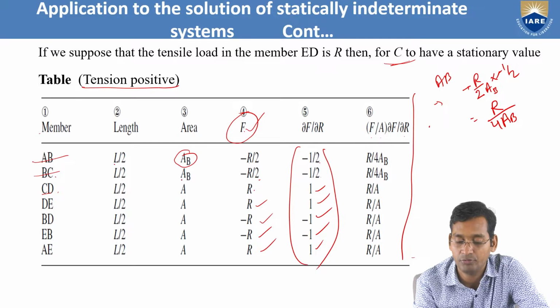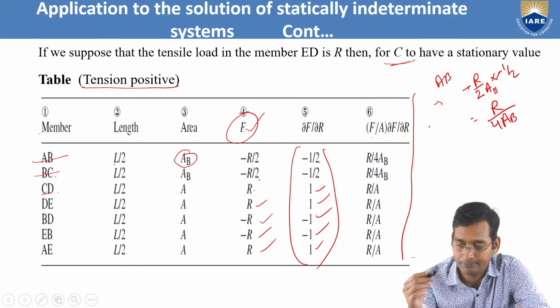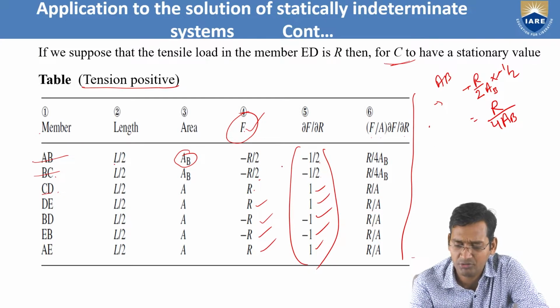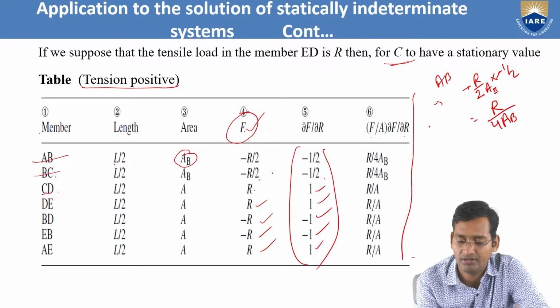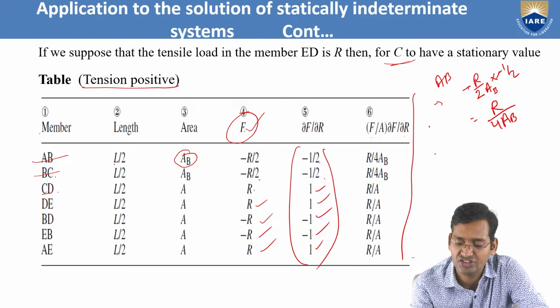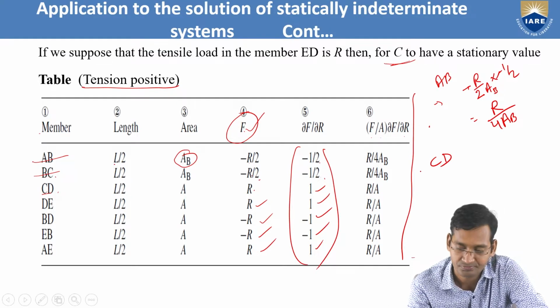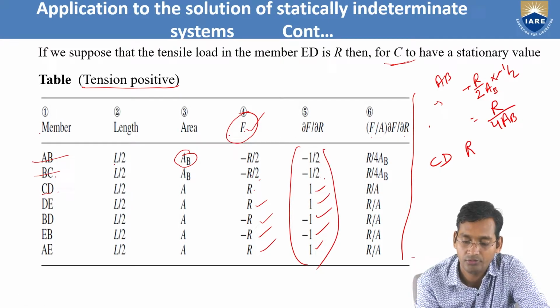Similarly, for this, if you put again, what will be there? Same again, because all the values are same, right? A also same. Now for this one, I am finding for CD. For CD will be what? R. Okay, that force is how much?